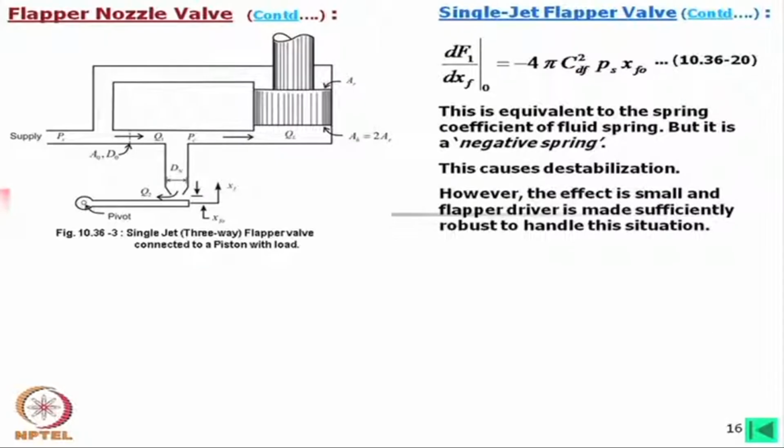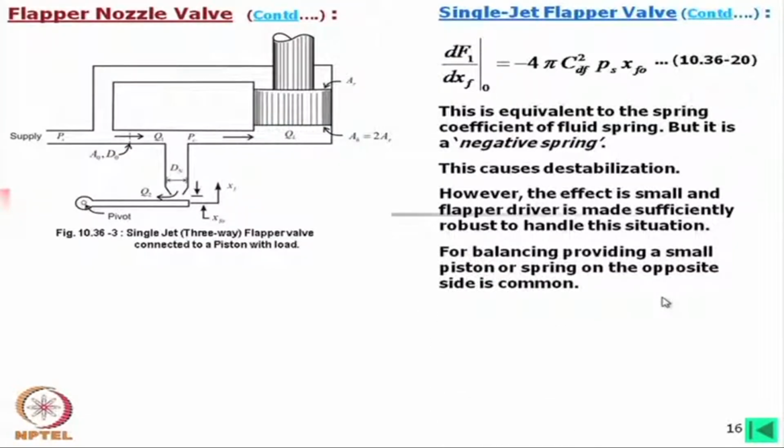However, the effect is small and the flapper drive is made sufficiently robust to handle this situation. This means that while we are designing this torque motor, we have to consider this part and it should be robust, so that it can handle such destabilization.